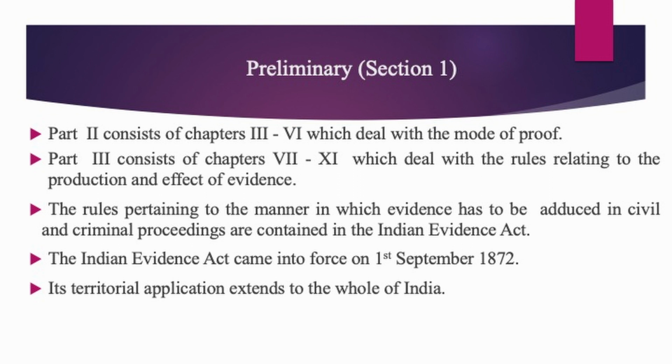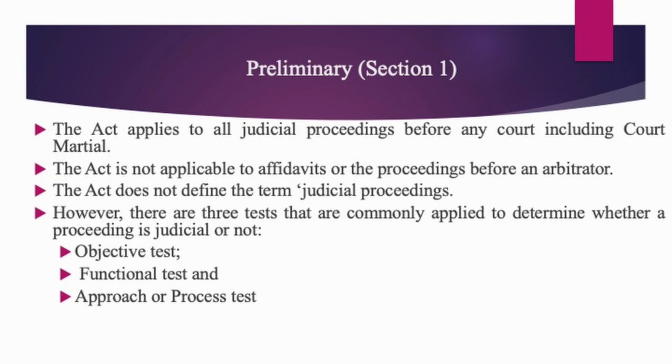The Act came into force on 1st September 1872. Its territorial application extends to the whole of India. The Act applies to all judicial proceedings before any court, including court-martial. The Act is not applicable to affidavits or proceedings before an arbitrator.